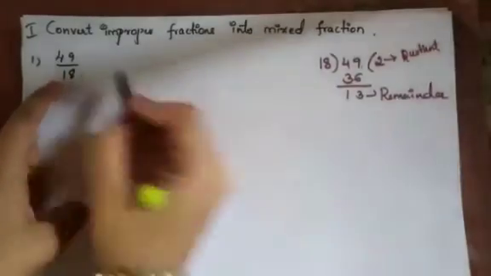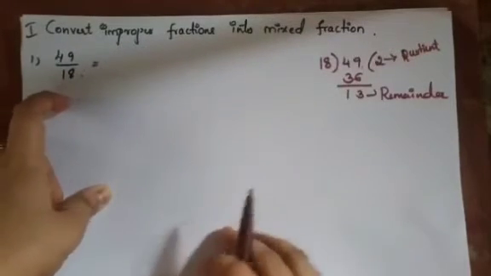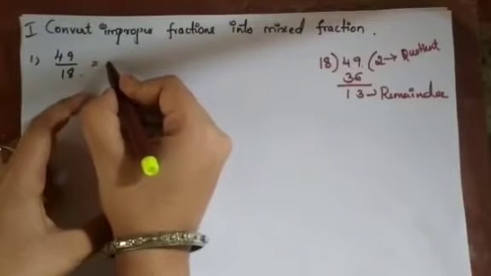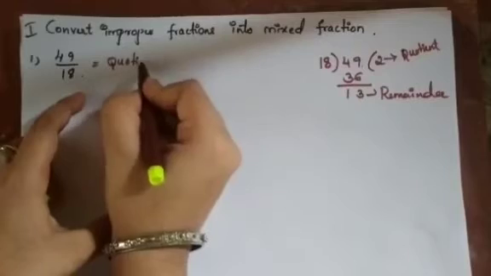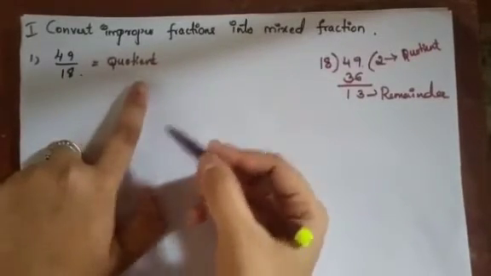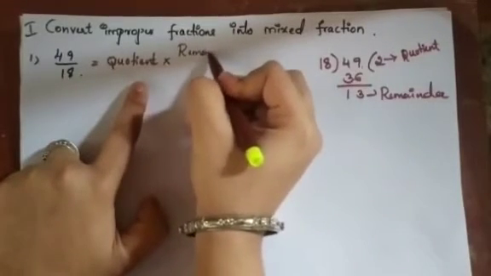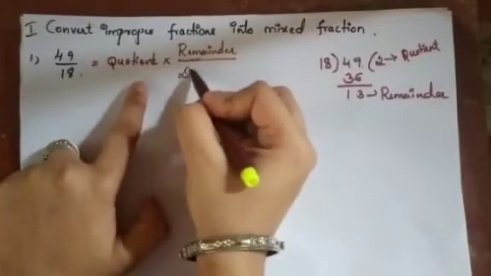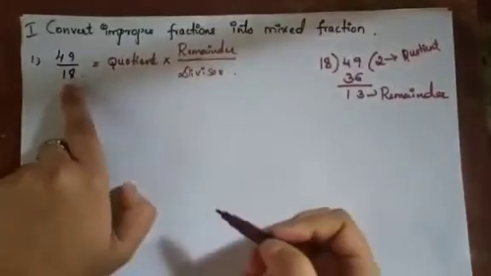While converting an improper fraction into a mixed fraction, whatever the quotient is, that comes here. That means where we write the whole number in the mixed fraction, this is the quotient, and the remainder goes in the numerator. And here is the divisor, the number we are dividing by.